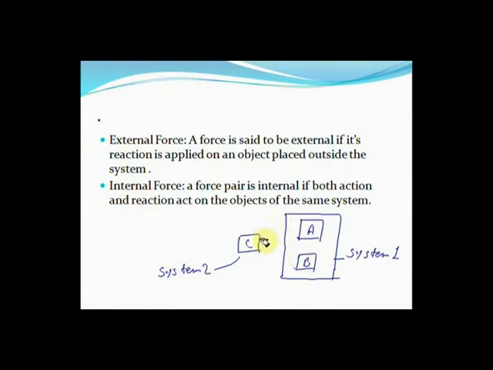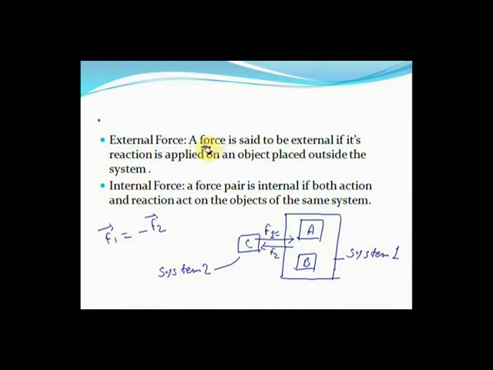So suppose block C exerts a force F1 on block A. According to Newton's third law, block A will also exert a force F2 on block C, such that F1 is equal to minus F2. Now to find out whether the force acting on system 1, that is F1, is external or internal, we can get back to this definition.